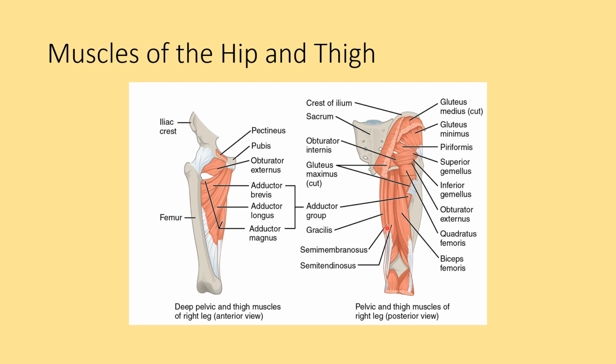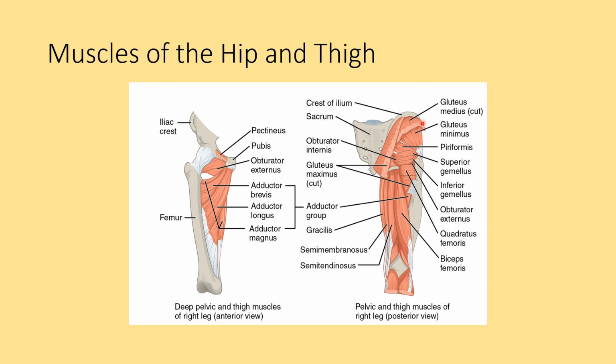Once again, usually go gracilis, semimembranosus, semitendinosus. And then here's your biceps femoris that I was talking about earlier. Use the full name. Don't call it the biceps, and certainly don't call it the biceps brachii. Use the full name, biceps femoris.